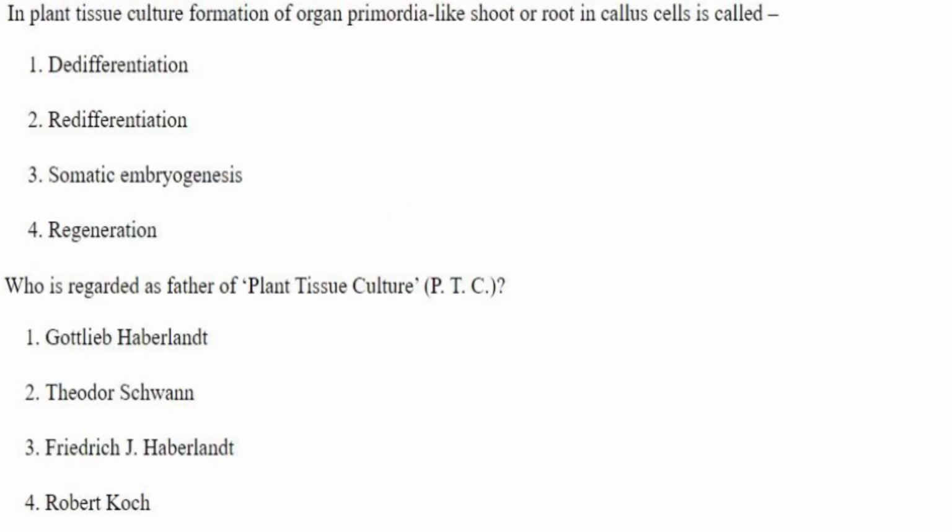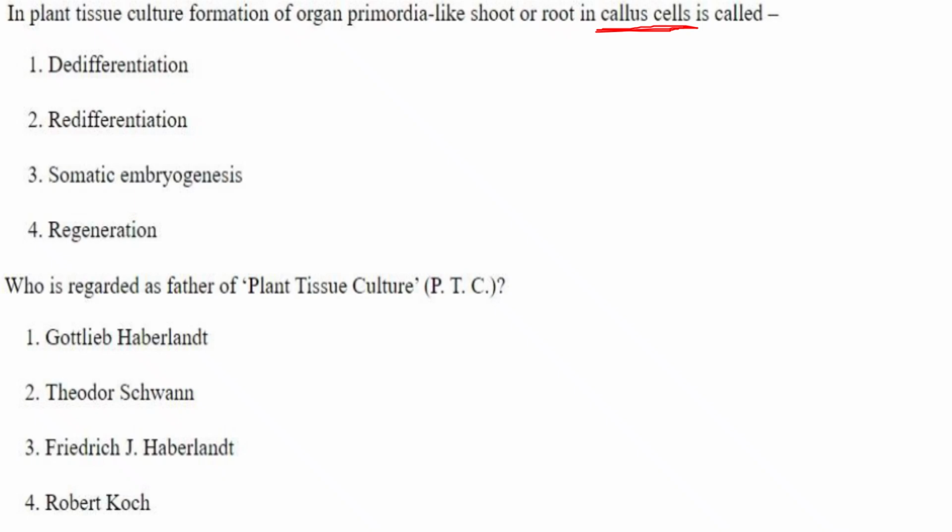Then in plant tissue culture, formation of organ primordia like shoot or root in callus cells is called redifferentiation. We already saw that de-differentiation means already differentiated tissues will develop into an unorganized mass of cells called the callus.